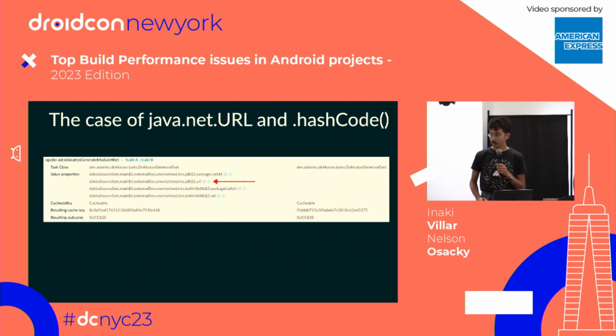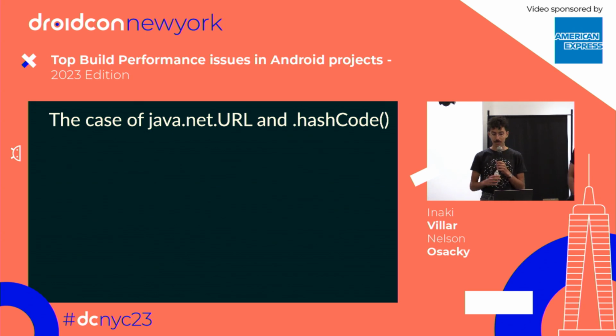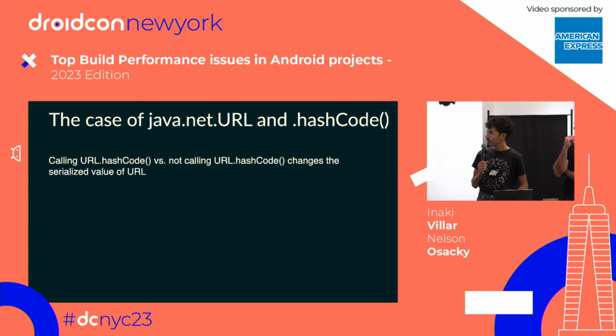But my point is that we started to see this cache miss issue that was happening in the Dokka 2 task, this URL. And Martin spent a lot of time debugging it. And the conclusion was that calling url.hashCode or not calling url.hashCode changes the serialized value of the URL class.